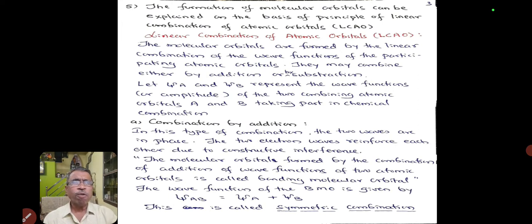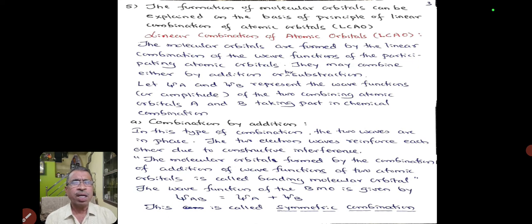The formation of molecular orbitals can be explained on the basis of the principle of linear combination of atomic orbitals. It is also called LCAO. Now let us study what this linear combination of atomic orbitals is. The molecular orbitals are formed by the linear combination of the wave functions of the participating atomic orbitals.